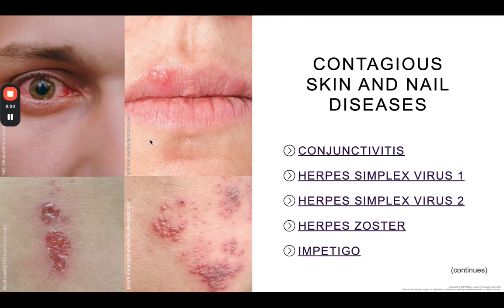Now, herpes simplex 2 is a little different. This is genital herpes. Never work on clients with active herpes lesions. No peeling, no waxing, and no other stimuli in that area. Peels, waxing, and other stimuli may cause breakouts, even if the condition is not currently active.